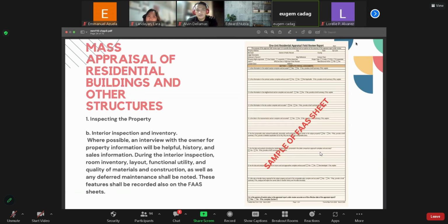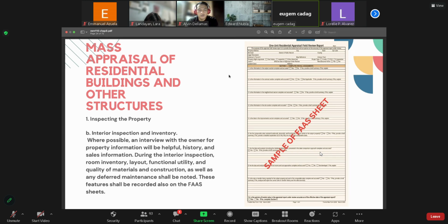Next po sa inspecting ng property is the interior inspection and inventory. It says here, where possible, an interview with the owner for the property information will be helpful. History and sales information during the interior inspection, room inventory, layout, functional utility, and quality of materials and construction, as well as any deferred maintenance shall be noted.